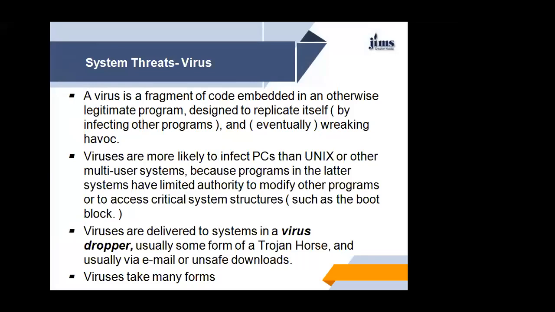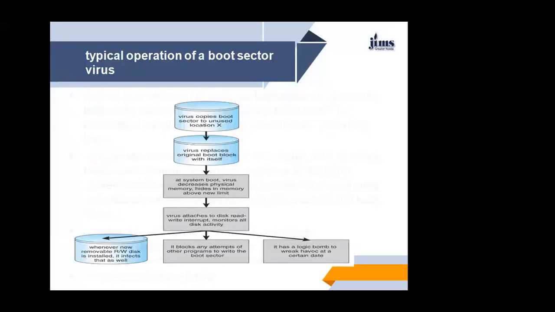Viruses take many forms. The typical operation of a boot sector virus is as follows. The virus copies the boot sector to an unused location X. Then the virus replaces the original boot sector with itself. At system boot, the virus decreases physical memory and hides in memory above the new limit.